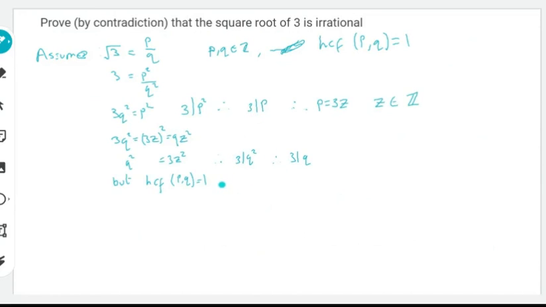But also, 3 is a common factor. I've changed it up a little bit, but I'm just making the contradiction extra clear. Contradiction.